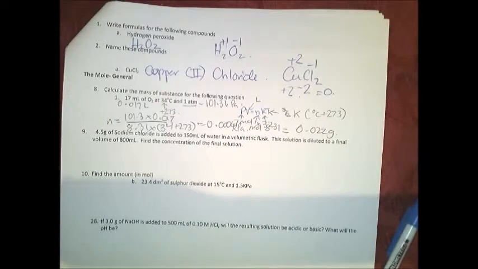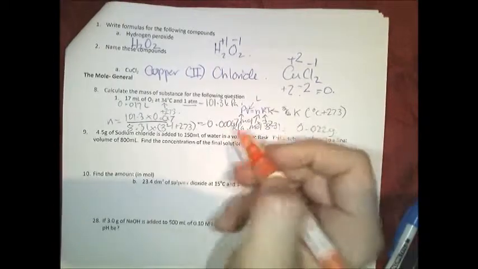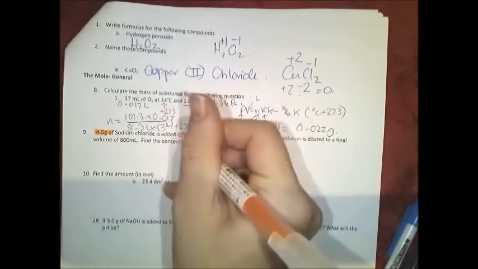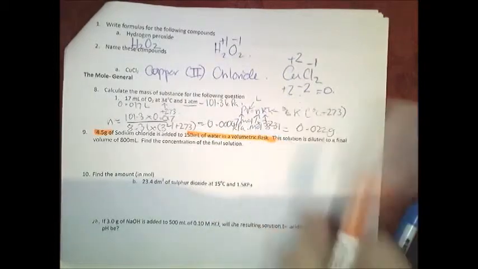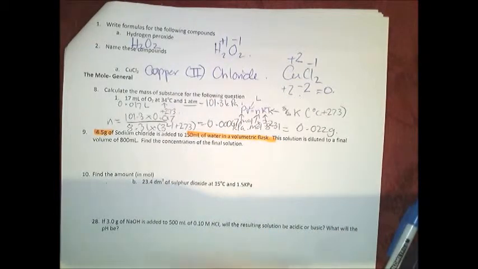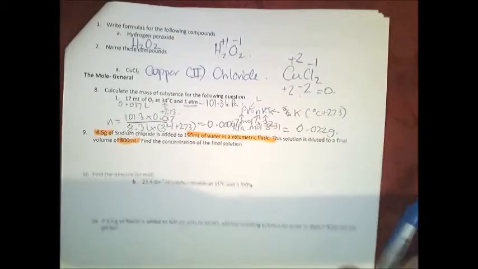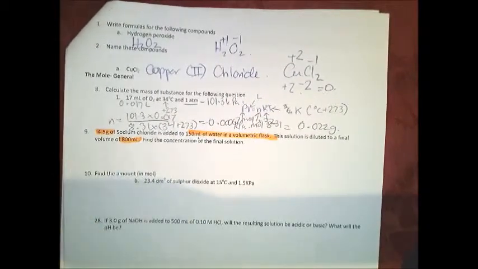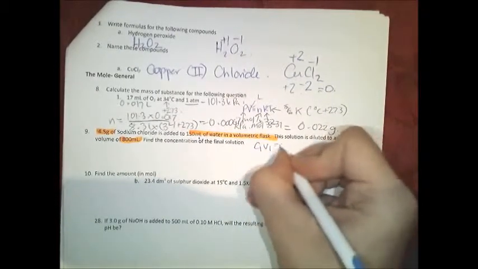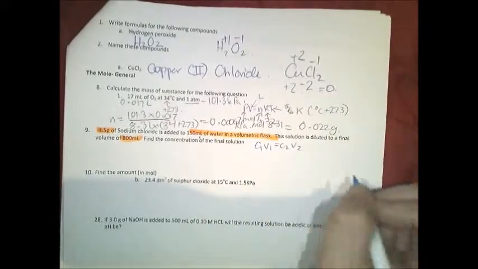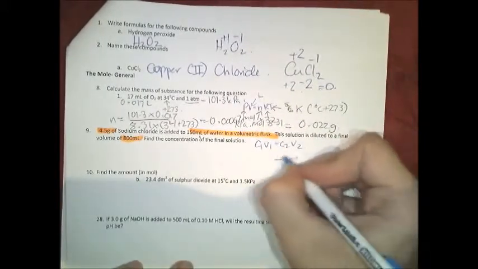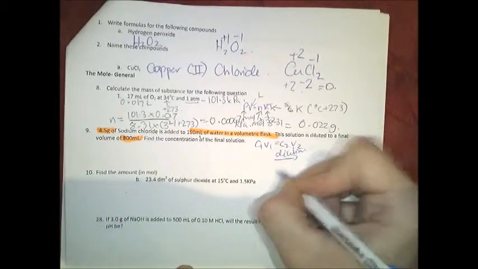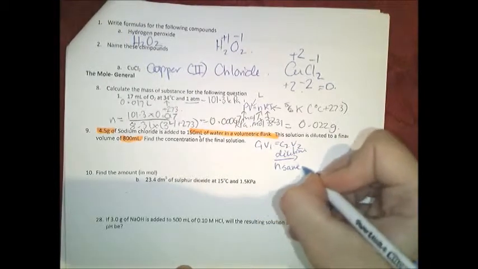Okay, the next one. 4.5 grams of sodium chloride is added to 150 mL of water in a volumetric flask. Okay, then it is diluted to 80 mL. So what you could do is work out the concentration in the initial volumetric flask, then do C1V1 equals C2V2. But something easier is because it's a dilution, moles is the same.